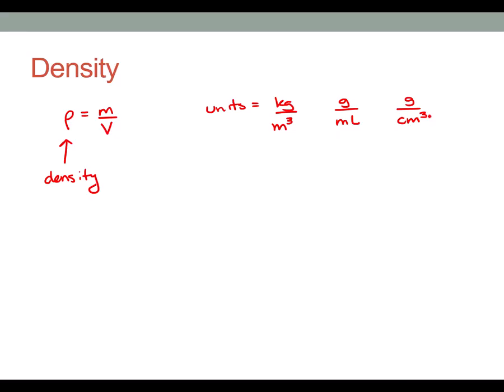One common error students make is that they forget to worry about the units. And what they say is the density of water is 1, which is true if you're in the correct unit. It's 1 gram per centimeter cubed, but it's actually 1,000 kilograms per meter cubed. So watch your units here.